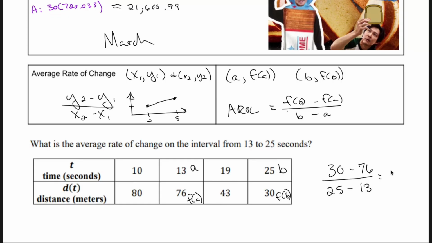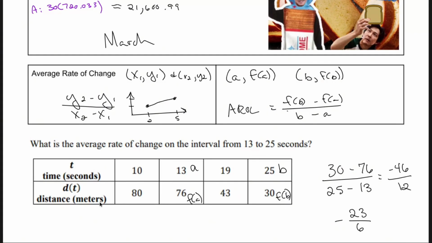30 minus 76 is negative 46. 25 minus 13 is 12. You can divide those both by 2, and that's about it. So that simplifies out to negative 23 over 6. Now, what this means is this is a rate. You have time and you have distance.